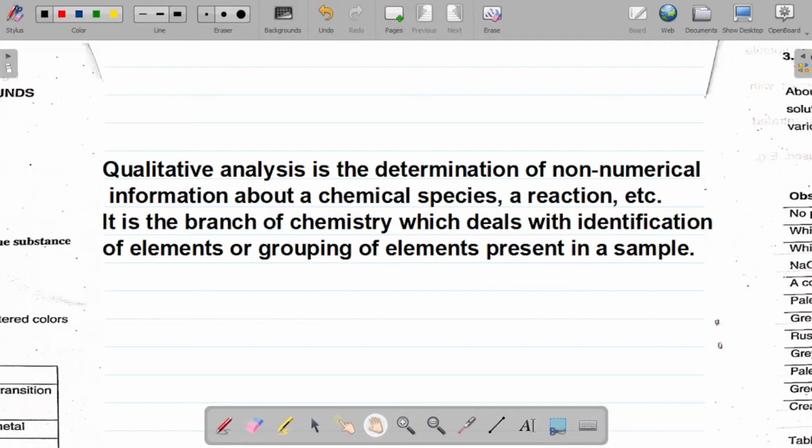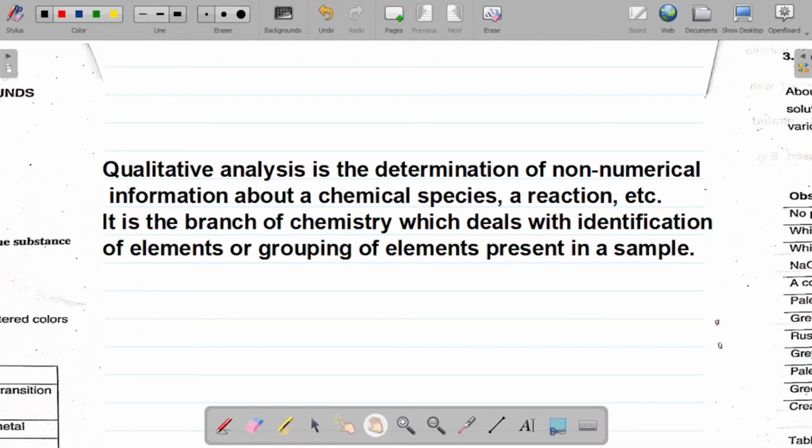No, we don't calculate it. Instead, we deal with non-numerical information about a chemical species, a reaction, etc. Non-numerical information means the type of perhaps cation or anion present. We don't really consider the volume or the concentration.